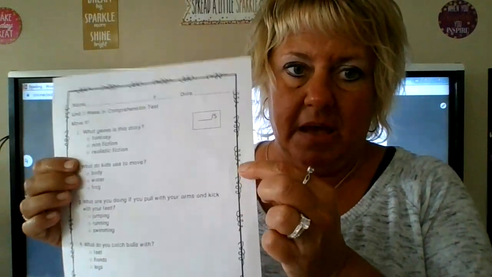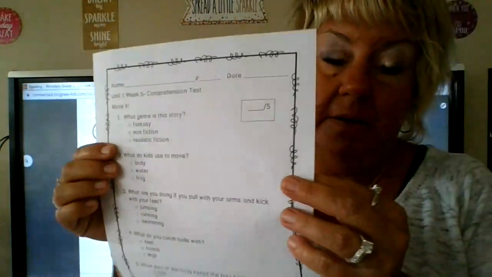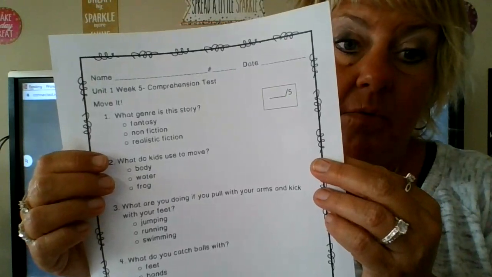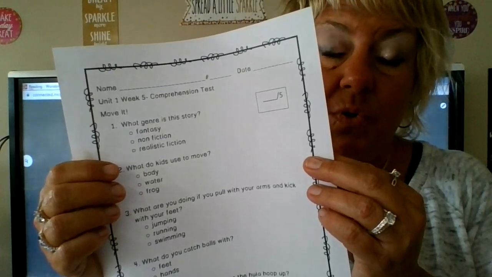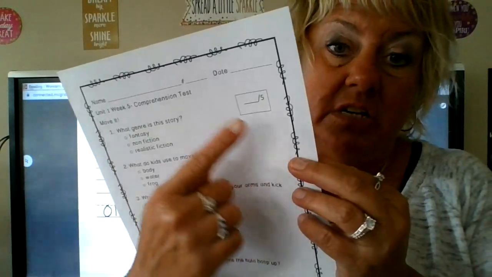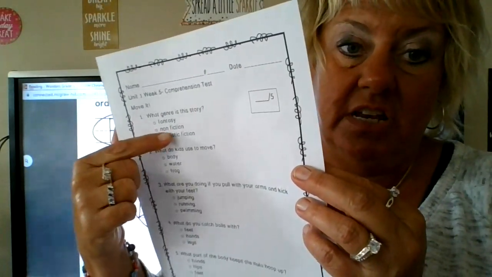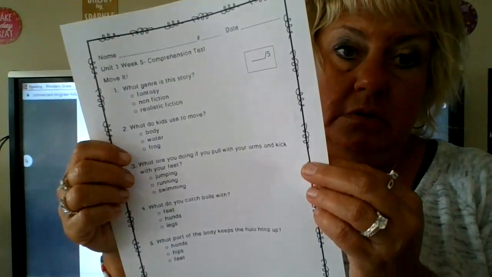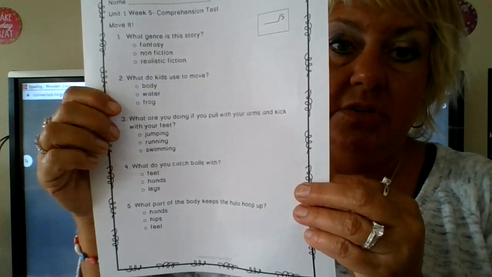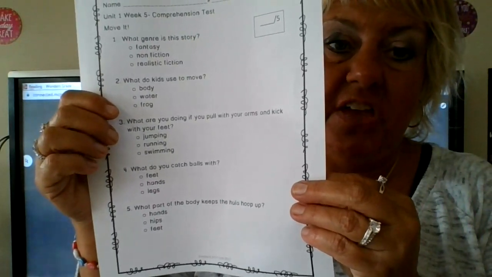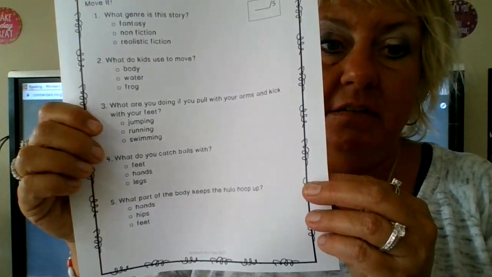Oh, we really didn't talk about the genre that much, did we? The genre of Let's Move would be non-fiction, true. It gives us information. So the answer to 1 is non-fiction. Non-fiction is true. 2, what do kids use to move? 3, what are you doing if you pull with your arms and kick with your feet? 4, what do you catch balls with?